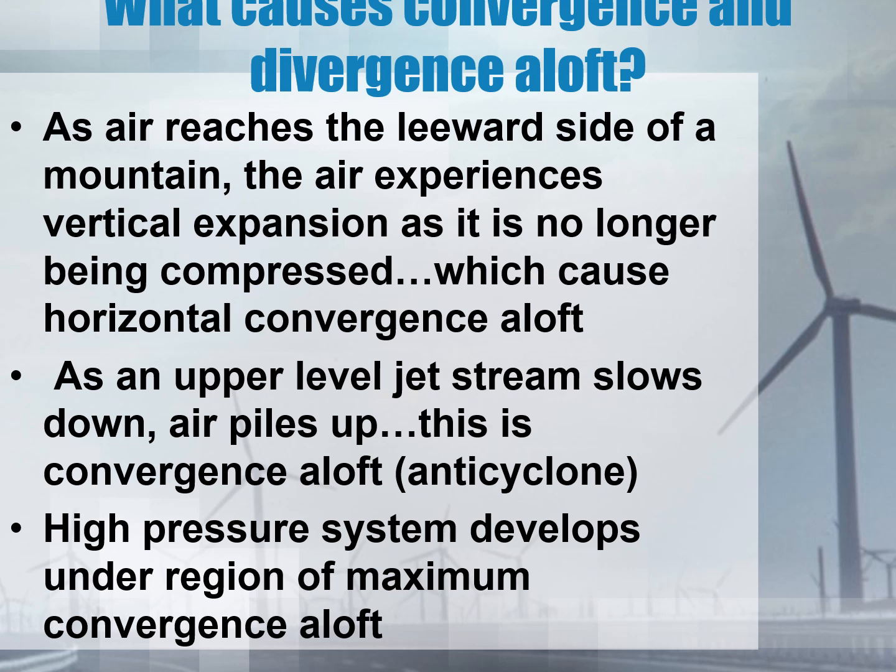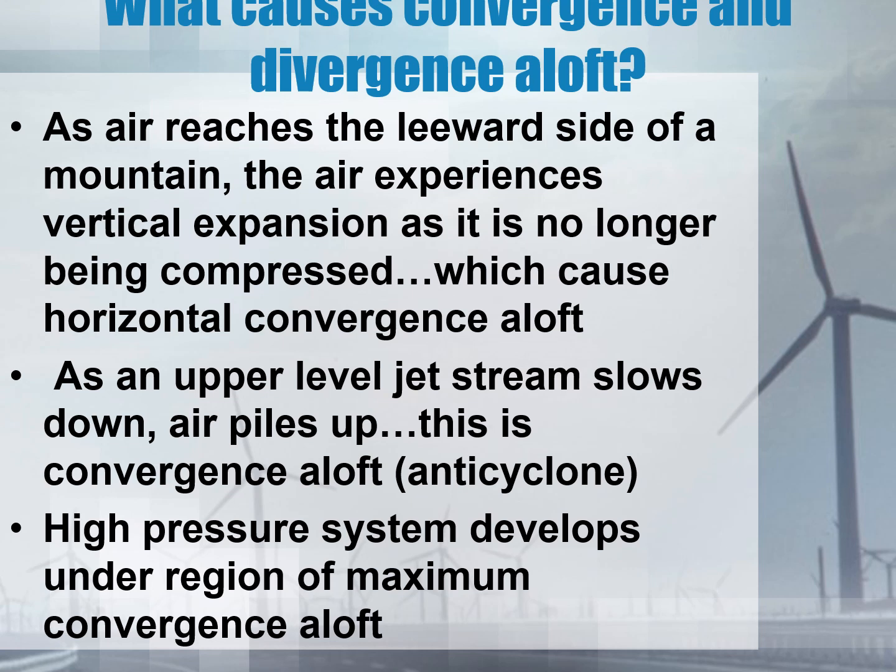So other examples: as air reaches the leeward side of a mountain, meaning the side away from the wind, like say the eastern side of the Cascades in Washington State, the air experiences vertical expansion as it's no longer being compressed. And this is going to cause horizontal convergence aloft. And if it's convergence aloft, it'll be divergence below, and that'll be a high pressure system.